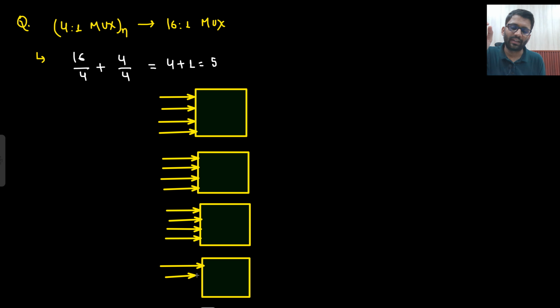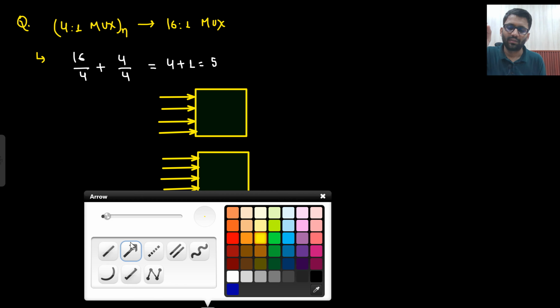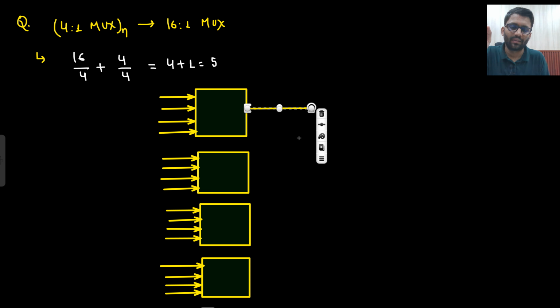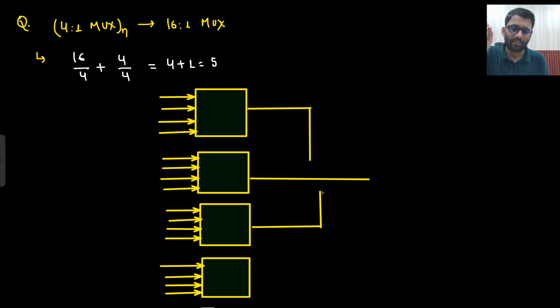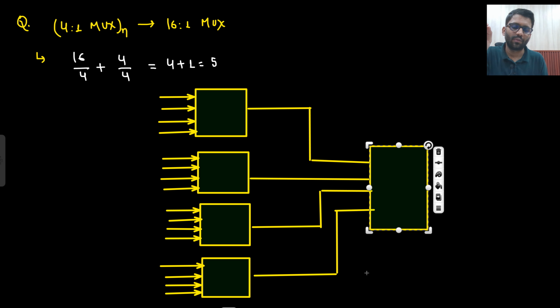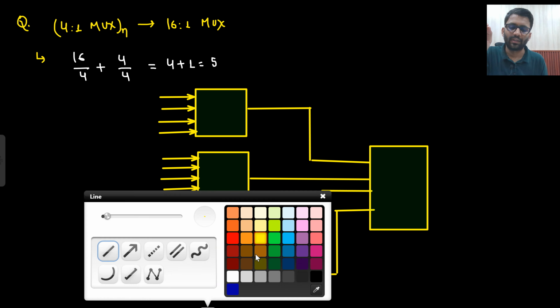Now how many output lines will there be? Only 4 output lines. And all these 4 can be taken by a 4 cross 1 mux, because a 4 cross 1 mux has the capability of taking 4 input lines, and then this will be the output.